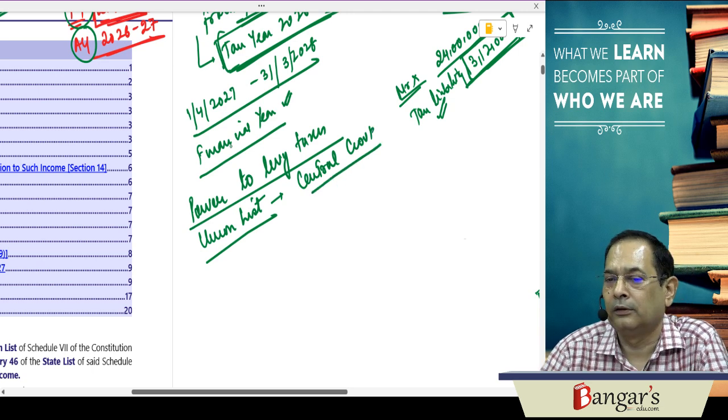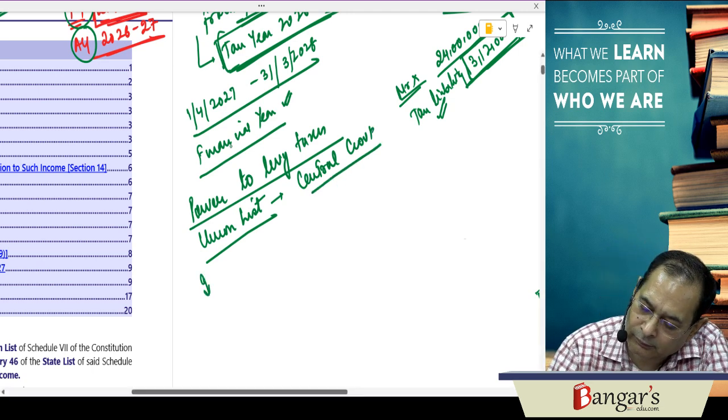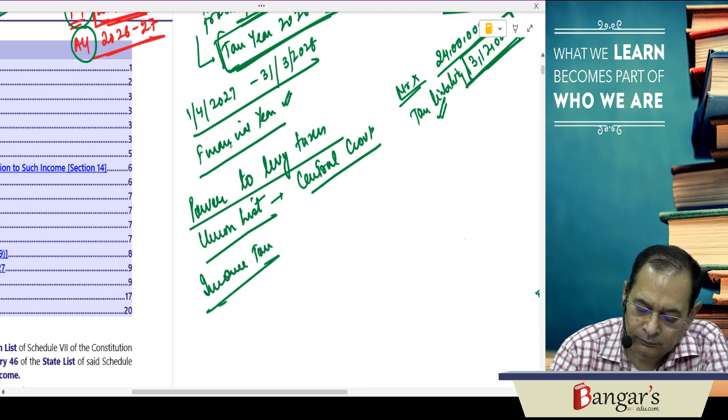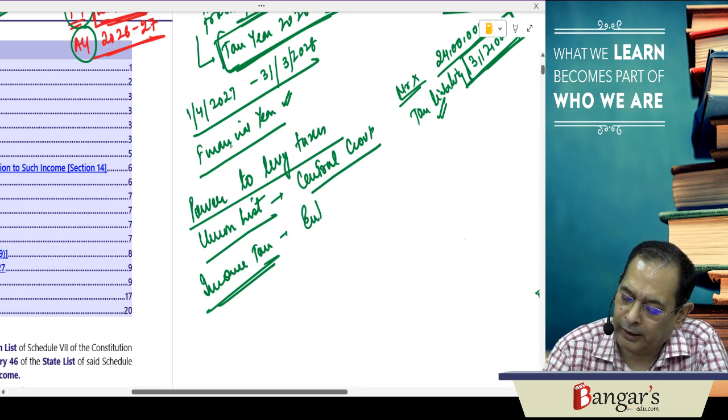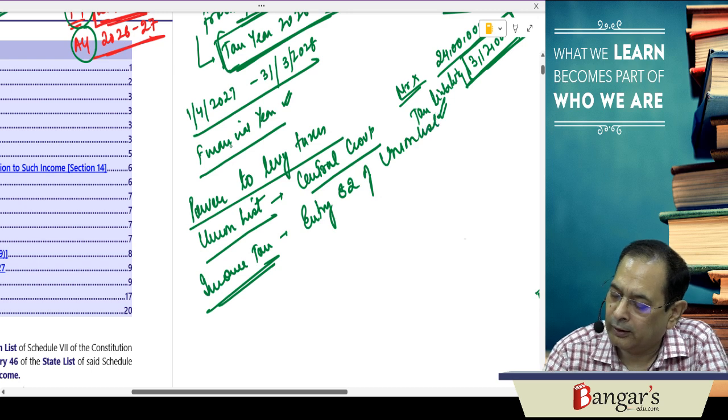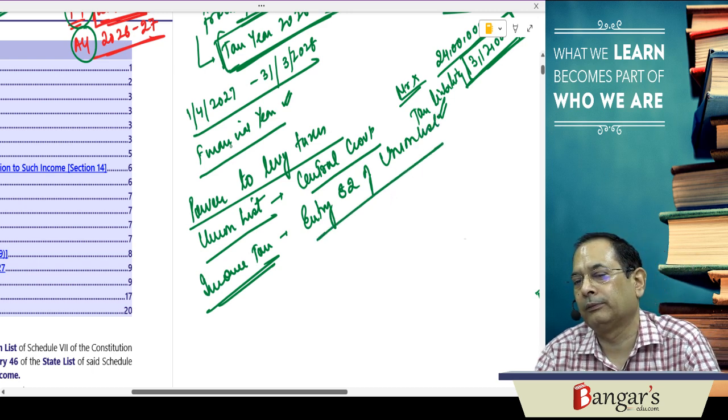Income tax is covered under entry 82 of the union list, except tax on agricultural income.